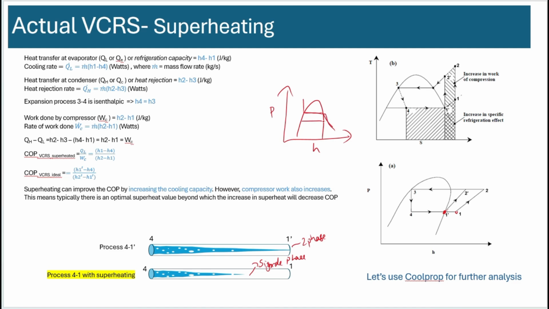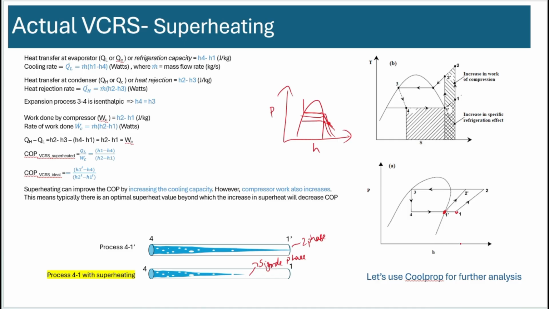So if you are here and you move to the right, you're hitting a higher temperature line, okay? So there'll be a lot of lines like that. So the moment you move towards the right past the vapor dome here, you start increasing in temperature. So it's going to be at a higher temperature here, okay?